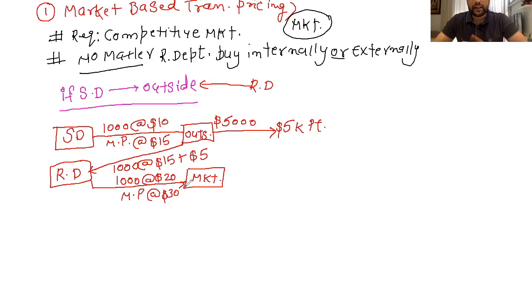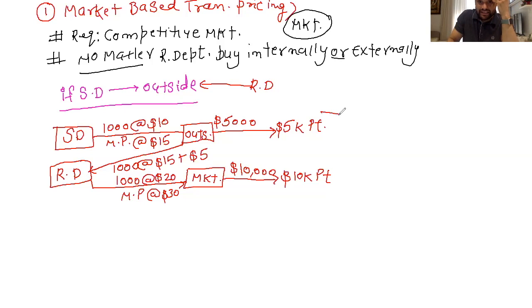Which means if the receiving division sells a final product outside, then the receiving division is making $10,000 profit, right? 20 is a cost, 30 is a revenue, which means 10. 10 multiplied by 1,000 is 10,000. So this is the profit that the receiving department is generating.